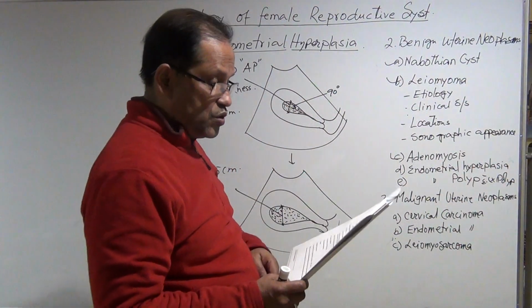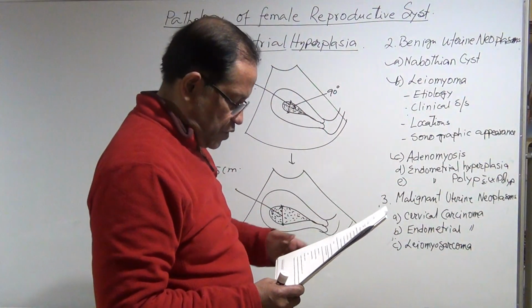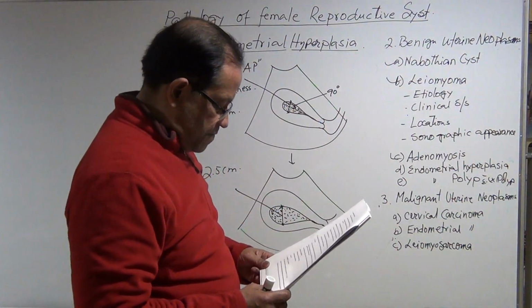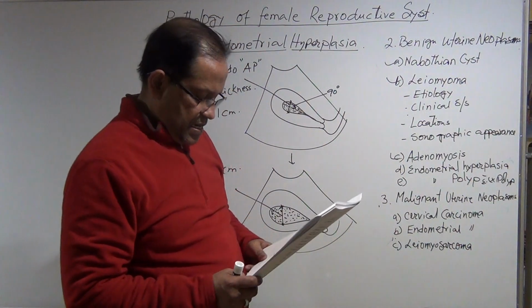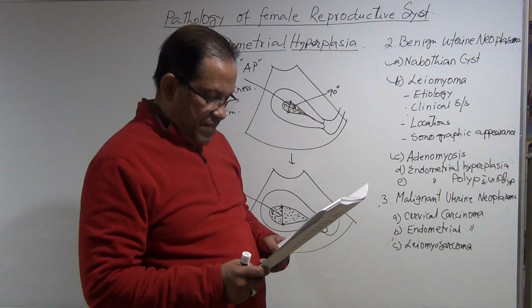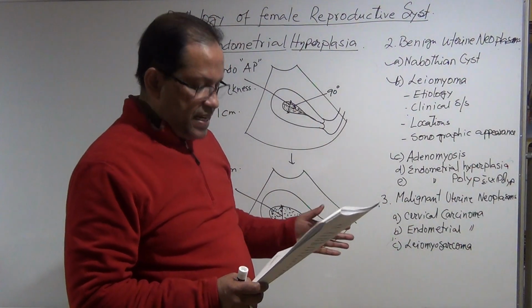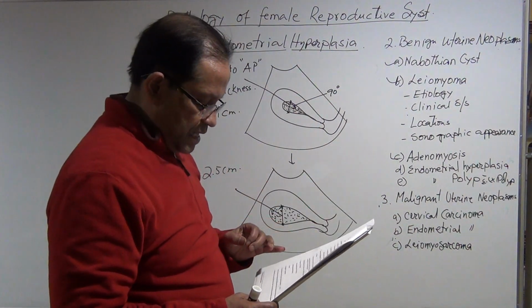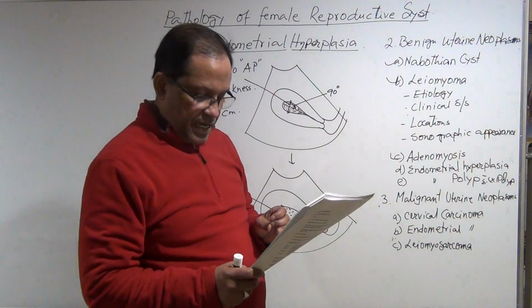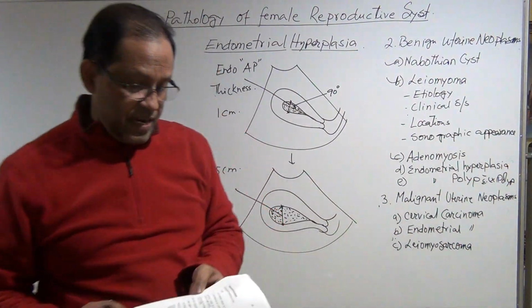I will discuss the differential diagnosis. If metastases are seen in the pelvis or the liver, then endometrial carcinoma is suspected.